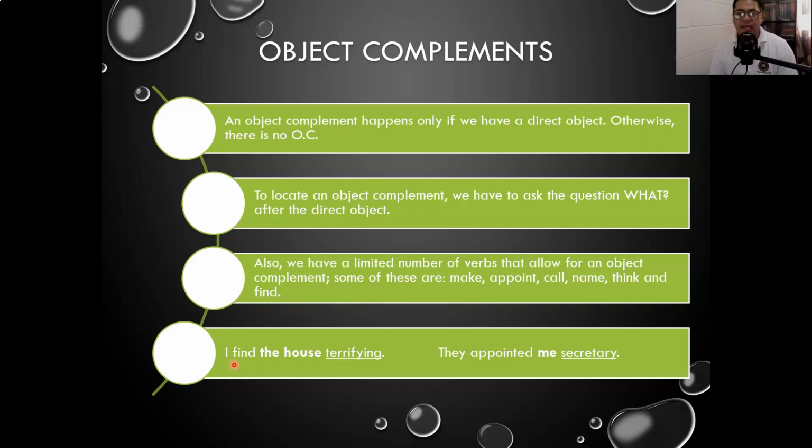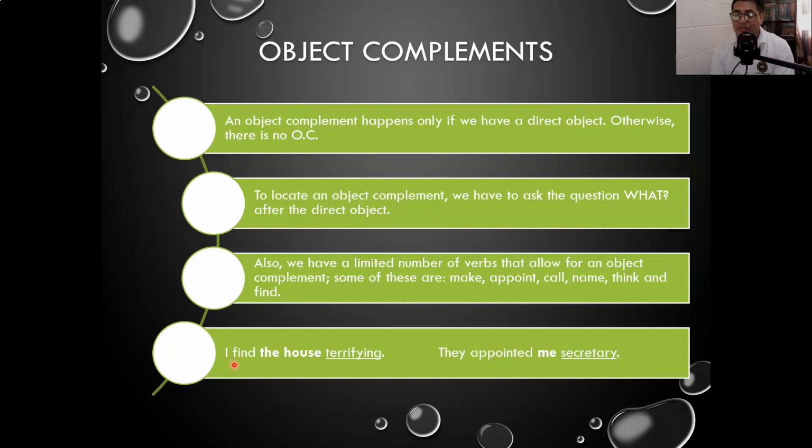For example, if I say this, I found the house very easily. Very easily is not complementing the house. Very easily is referring to how the action was done. How did you find the place? Very easily. It's not talking about the place per se. It's talking about the verb. It's talking about the action.